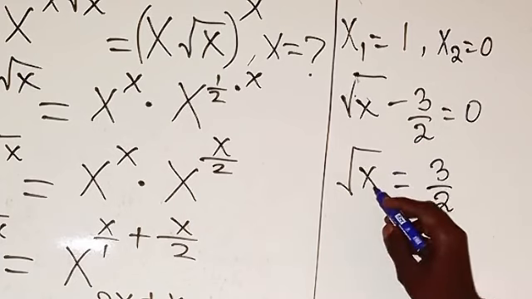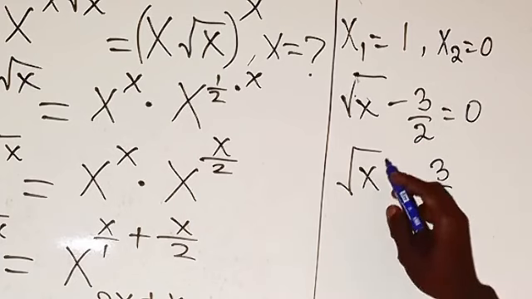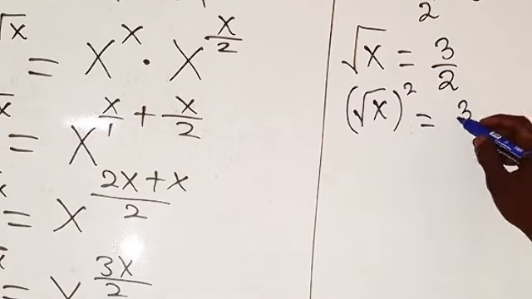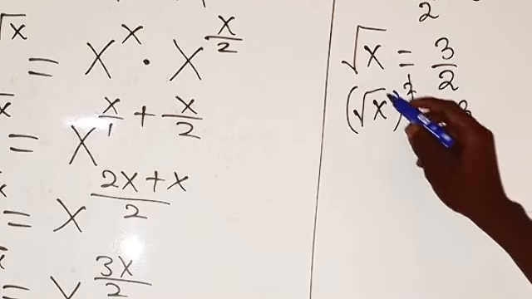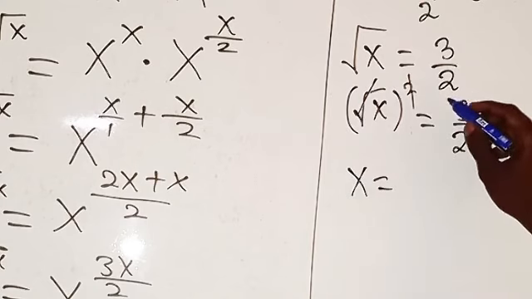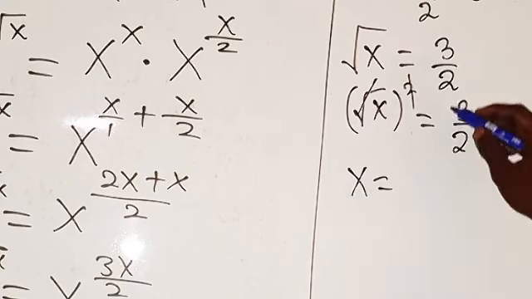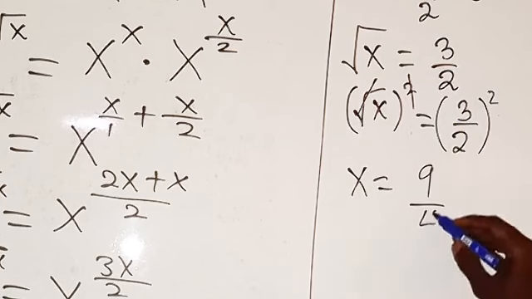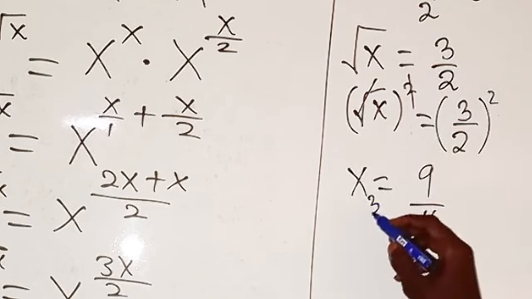We want to know the value of x, so we need to square both sides so that we cancel the square root. So this one we cancel, we have x to be, also we need to square this also. Alright, so 3 squared is going to be 9, and 2 squared is going to be 4. So we have x3 to be this.